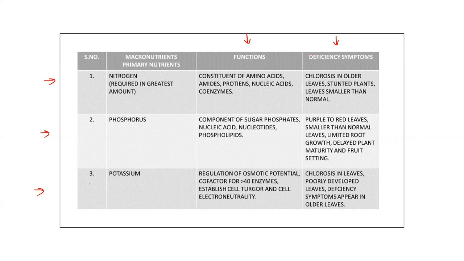You can have a look at the table, and you can also see what the deficiency symptoms are and what the function of that particular macronutrient is. These are called NPK together. They are also part of what? Fertilizer. And the farmers use this fertilizer in the field.